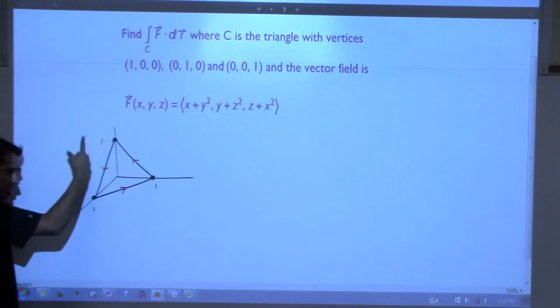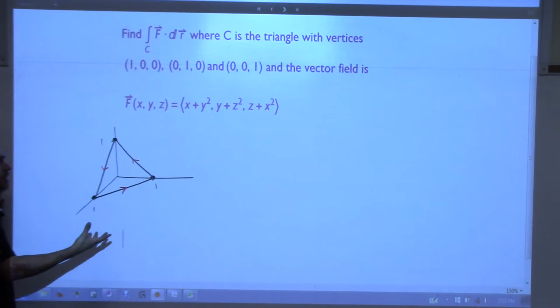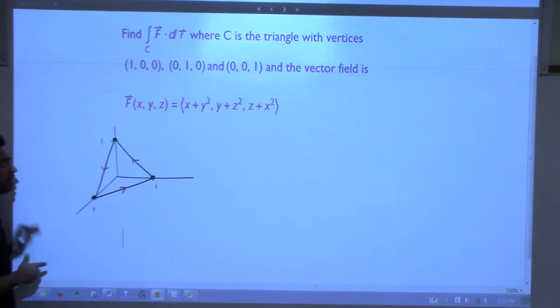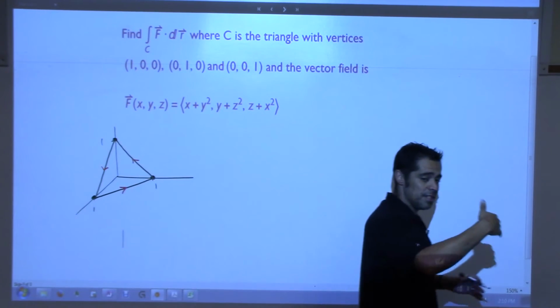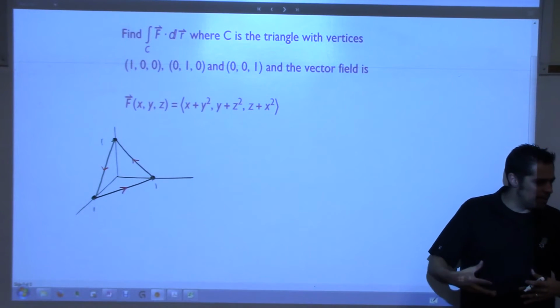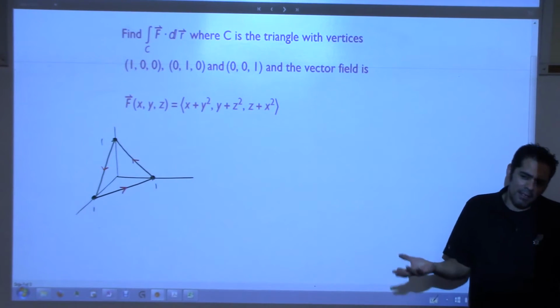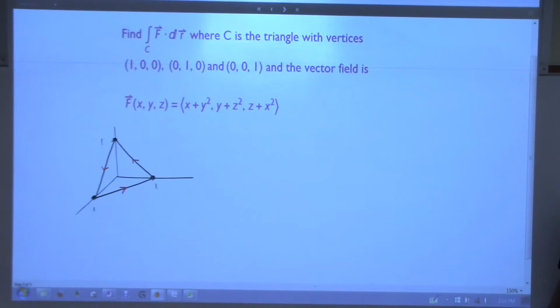It's not impossible to do, it's just tedious. Then you'd have to evaluate your vector field on each curve, then dot those with the derivatives of the curves. It could be done. Let's see if Stokes' theorem is any easier.